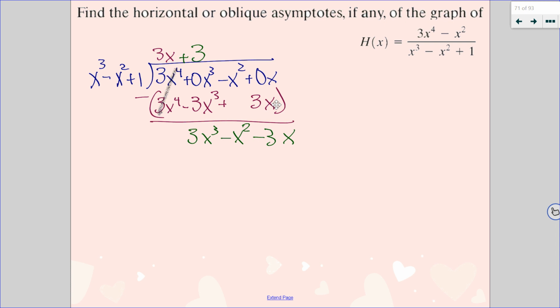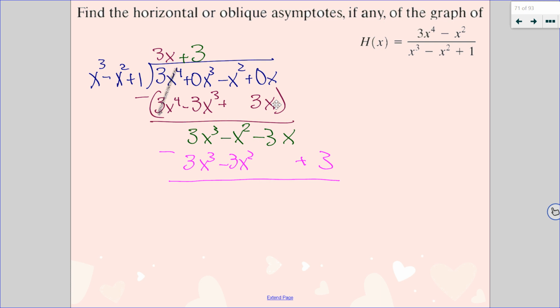And then I multiply, and I subtract. Now the beauty of this is we don't really care about the remainder.